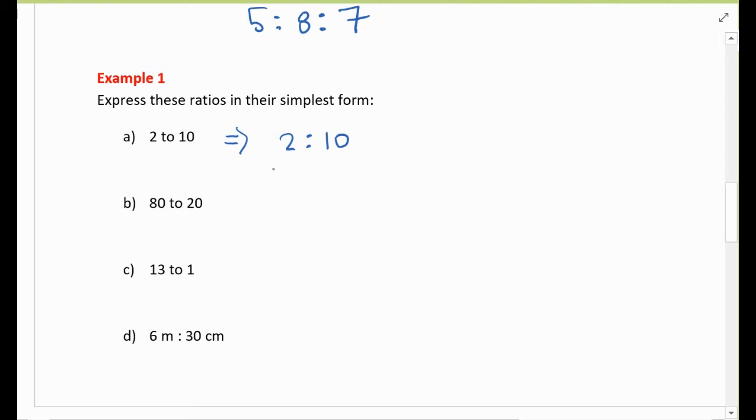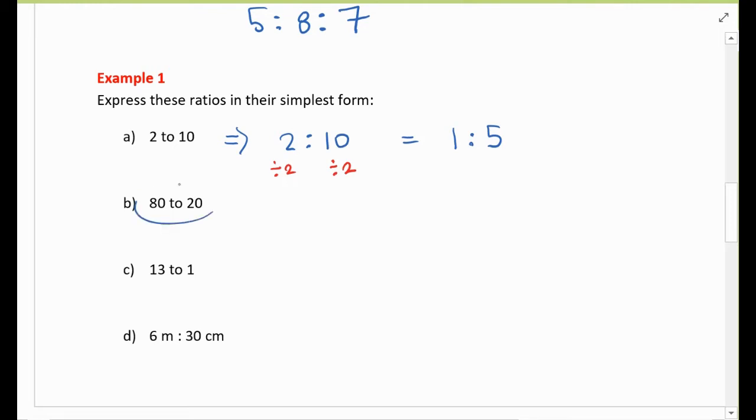I would choose 2. Let's divide both numbers by 2. What's 2 divided by 2? That's 1. What's 10 divided by 2? That's 5. So the answer is 1 to 5. This is how you make the ratios to the simplest form.